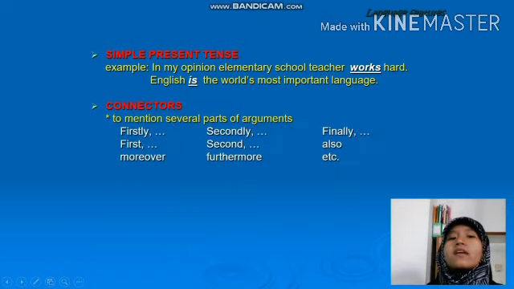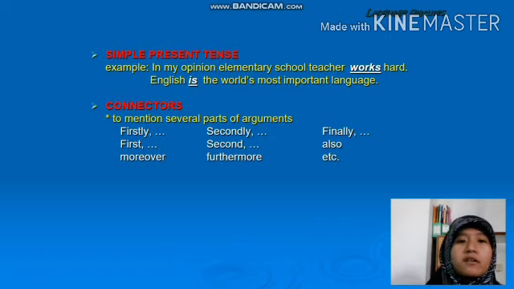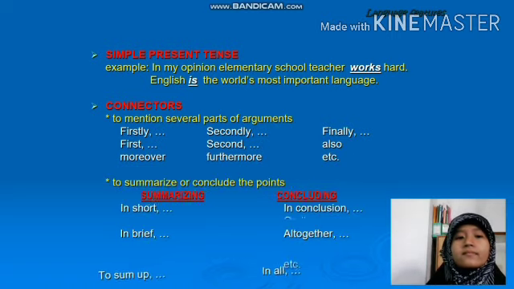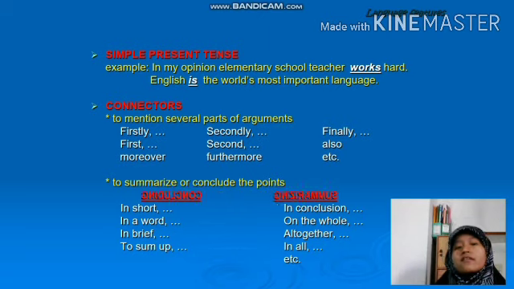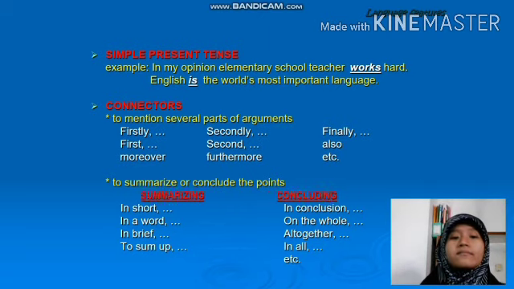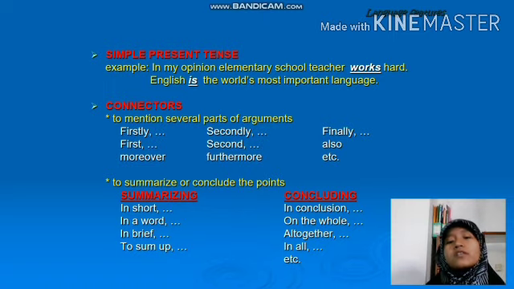Next, connectors. Well, to mention several parts of arguments, it uses connectors. For example, firstly, secondly, first, furthermore, finally, also, and etc. And then to summarize or conclude the points: in short, in a word, so, in conclusion, in other words, altogether, and etc.